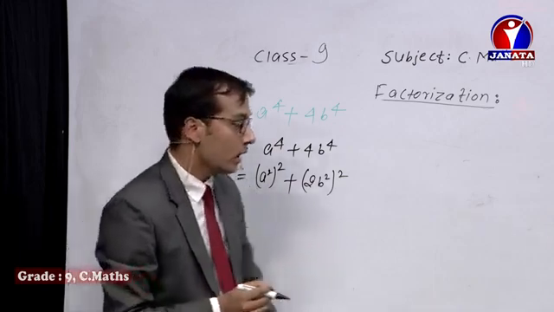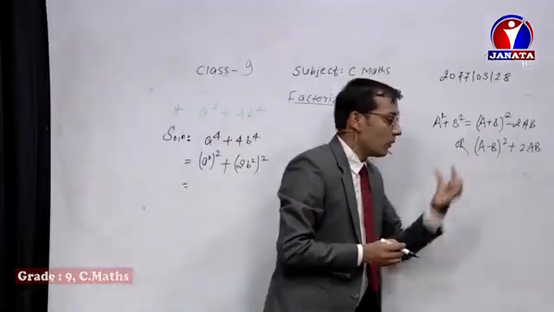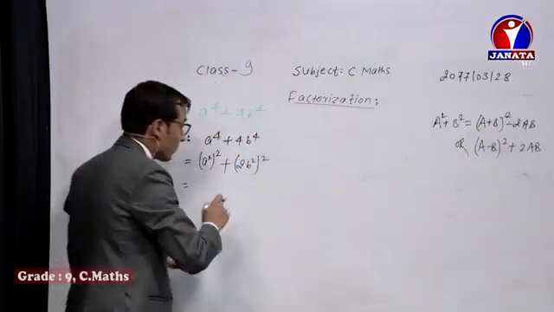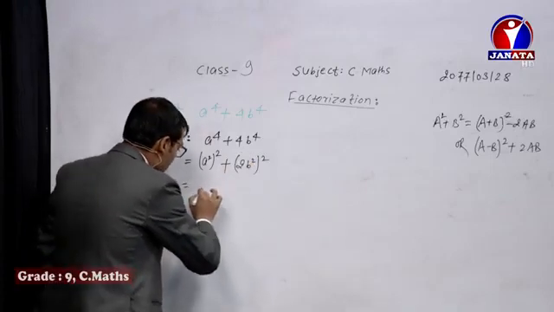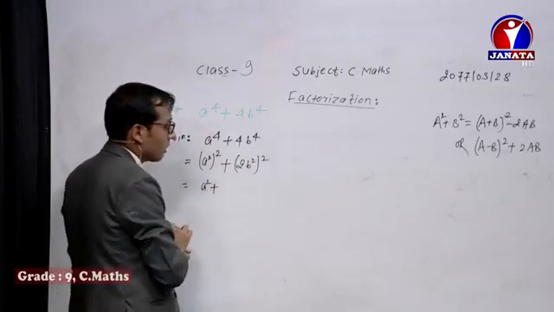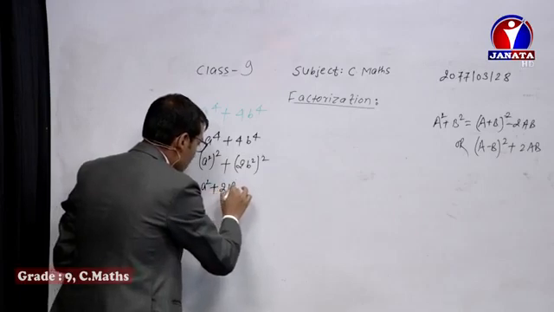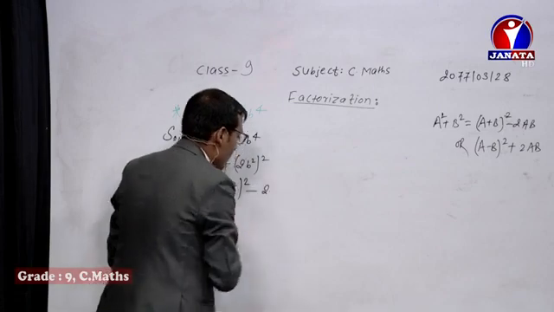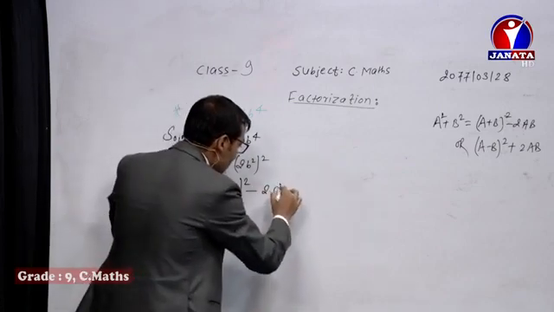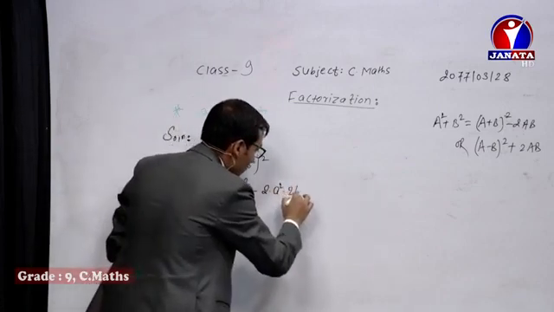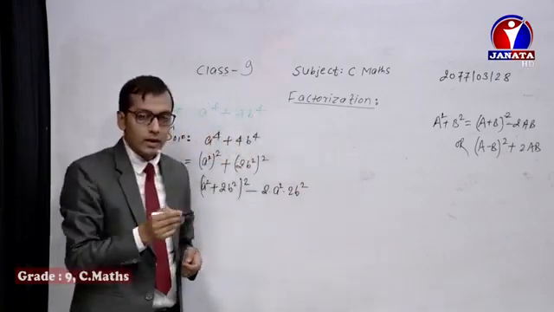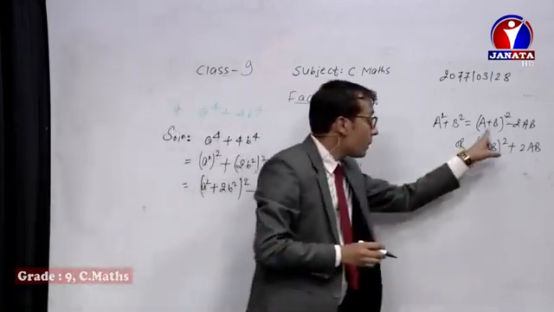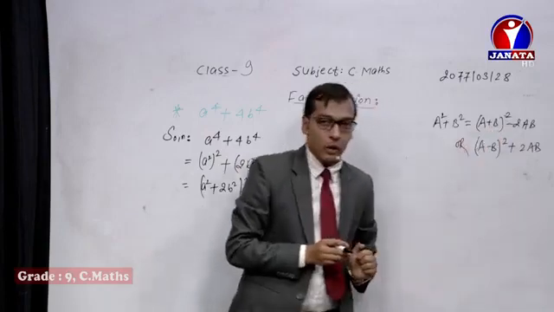So let's try by taking the first expanded form. First is (a plus b) whole square. So a square plus what is b? 2b square. (A plus b) whole square minus twice of a square and b, which is 2 times b square. Here I am using the first expanded form, (a plus b) whole square minus twice of ab.